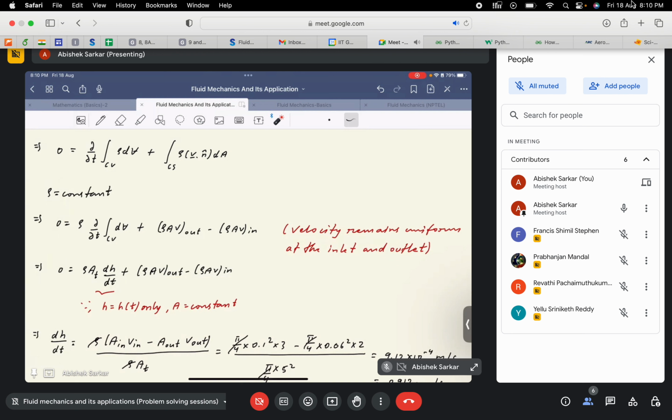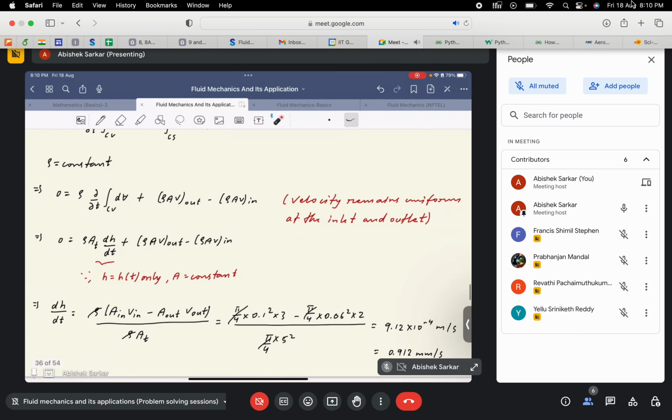The volume of the tank we can write as A_T into H. Here also there is a certain assumption that I will tell you. And this term, again since rho is constant and velocity remains uniform at the inlet and the outlet as per our question, can be simplified into this.